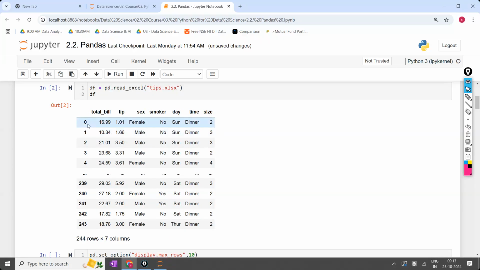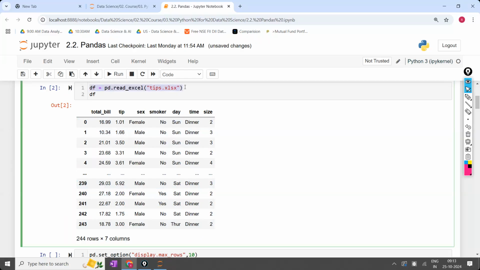It will load them, but it will not print them. Here I'm loading the tips Excel file, and while displaying, it shows only the first 5 records and the last 5 records.